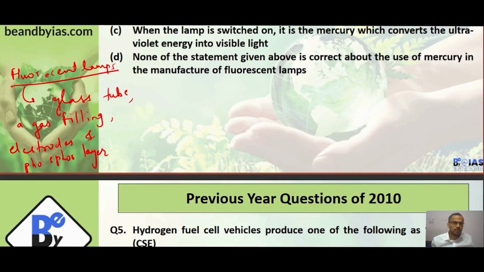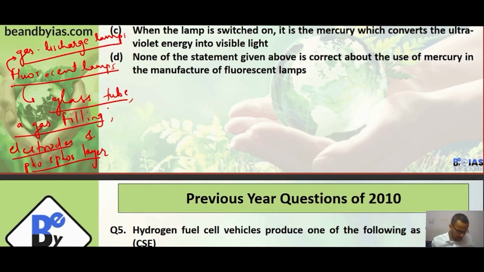So fluorescent lamps consist of a glass tube, a gas filled inside that glass tube, then electrodes which make the circulation of electricity possible, and a phosphor layer. Fine. And these fluorescent lamps are gas discharge lamps.